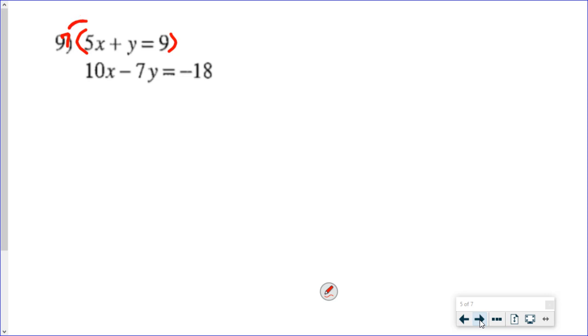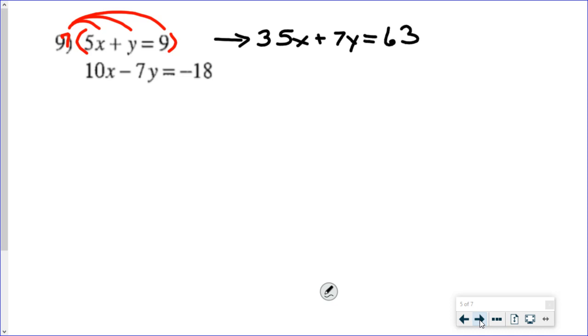It's a little different, okay? And again, I have to do that to all the terms. I just kind of noticed, well, I have y, and I have a -7y below it. I want it to be positive. So that top equation would become 35x, 7y's, and 7 times 9 is 63.